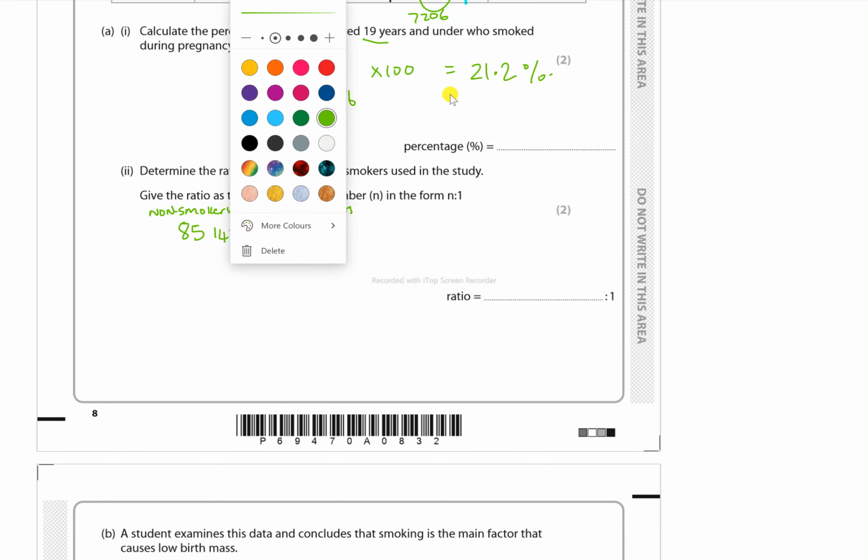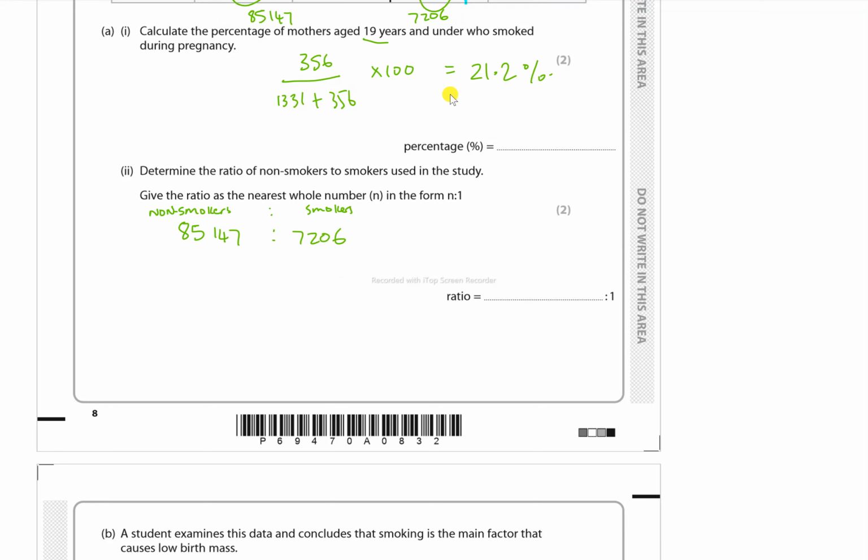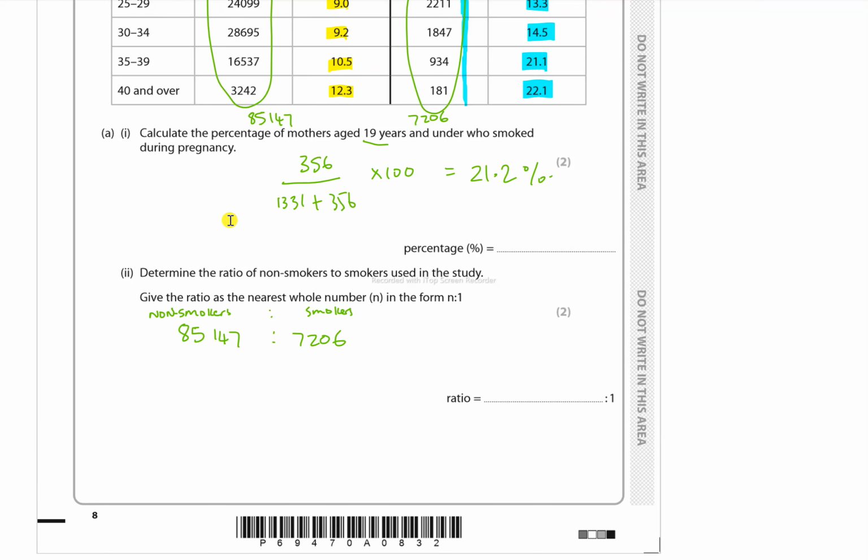Bear with me one second. Right, let's carry on. Yep, it works now. Right, and in the ratio, they want this as 1. So what we're going to do is divide this by 7,206, and then we're going to divide this by the same number.